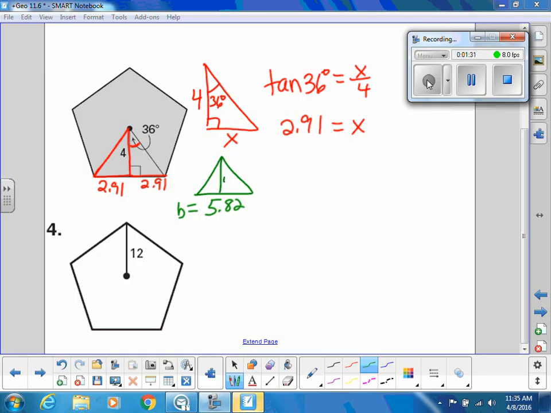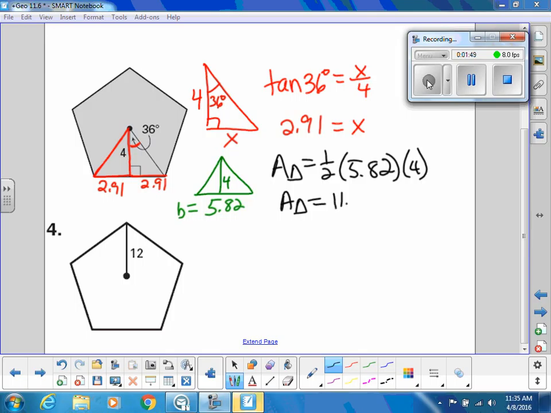Our height is 4, so we know that a single triangle is 1/2 base times our height. If I do that on my calculator, I get 11.62 for a single triangle.